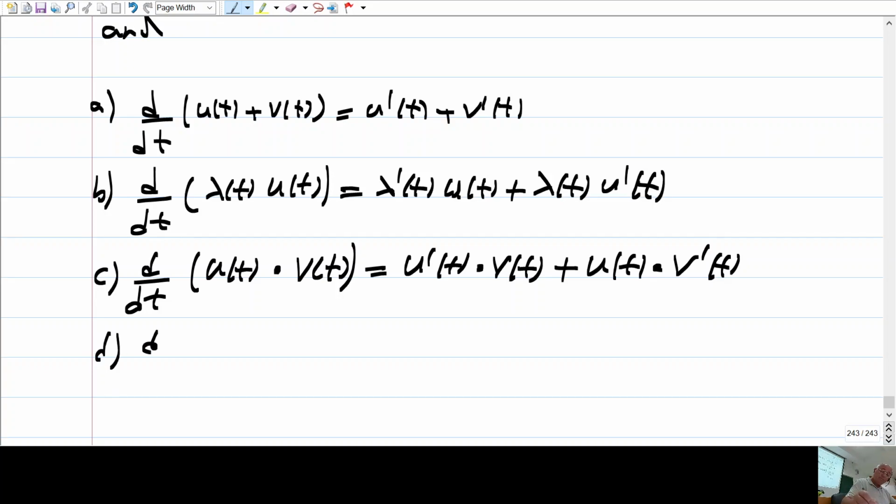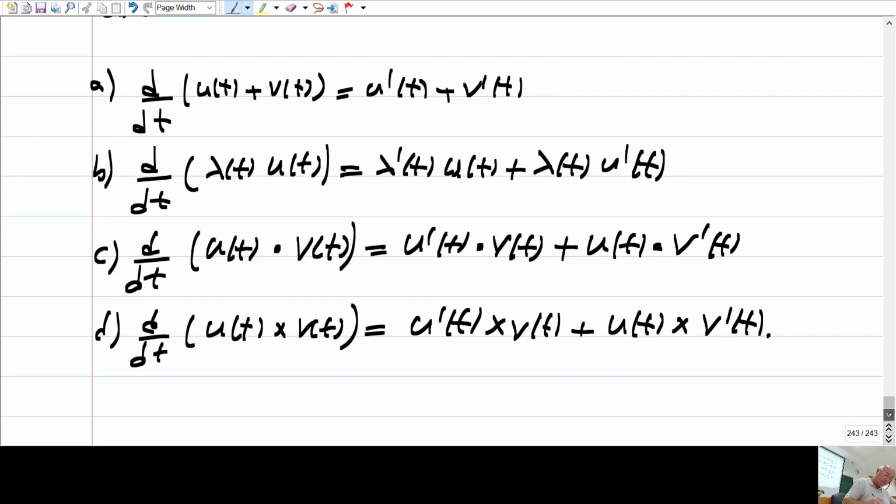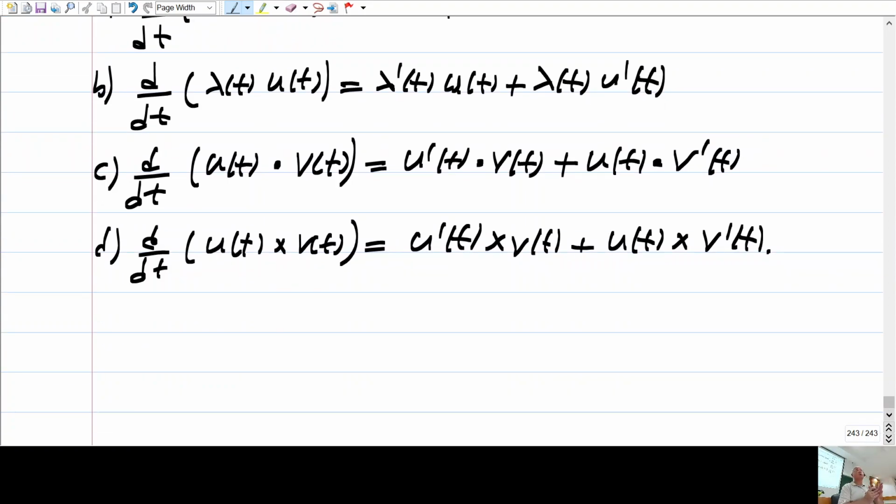The same for the cross product. So again, this is just this function cross this guy plus this one cross the derivative of the second. So Leibniz rule just generalizes to all kinds of products.